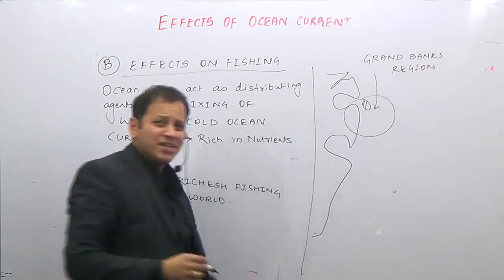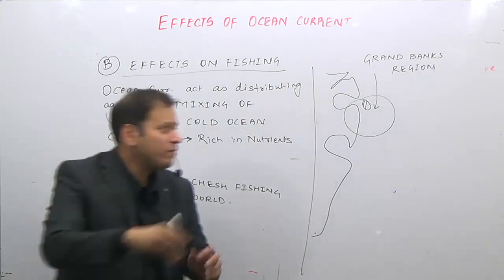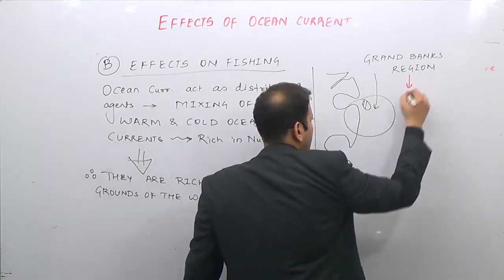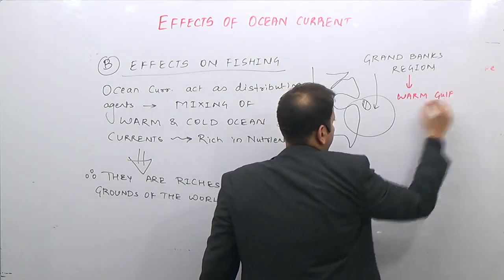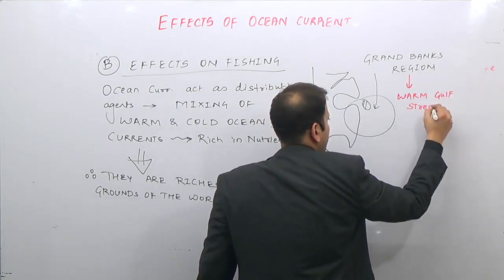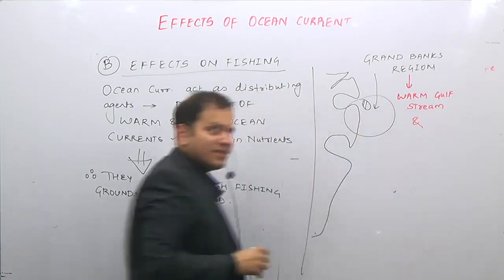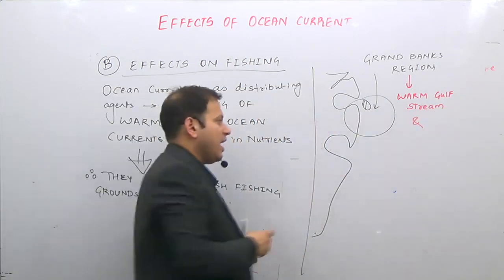Why is it the richest fishing ground? Due to the mixing up of the warm Gulf Stream and the cold Labrador current.